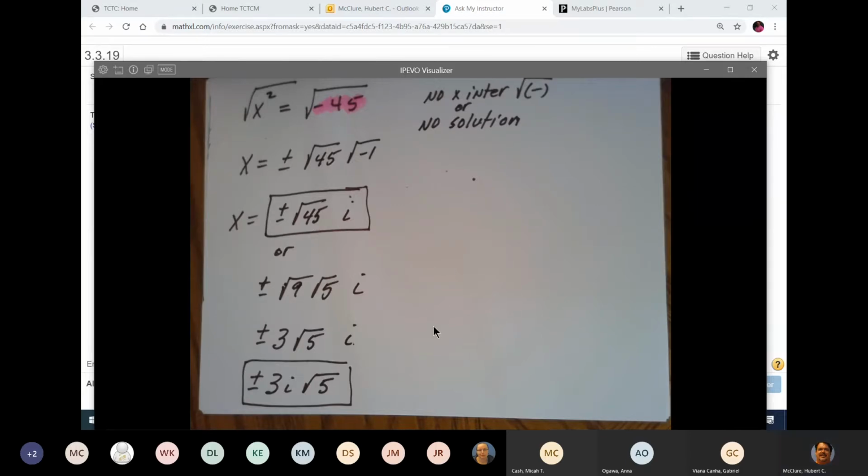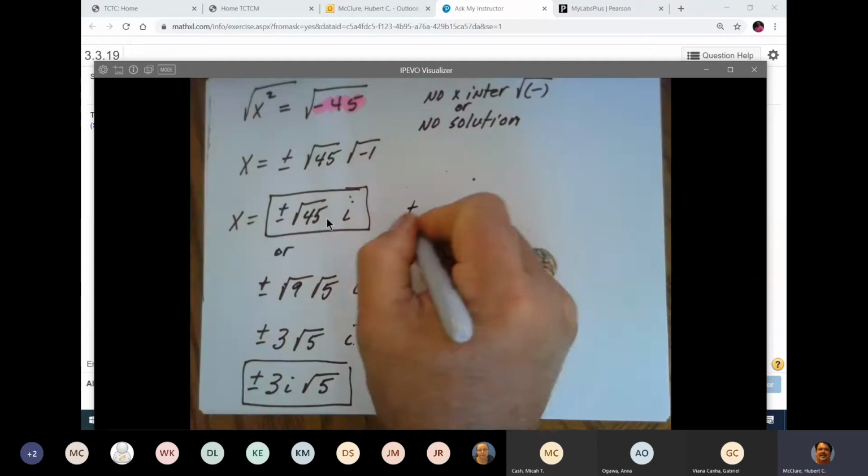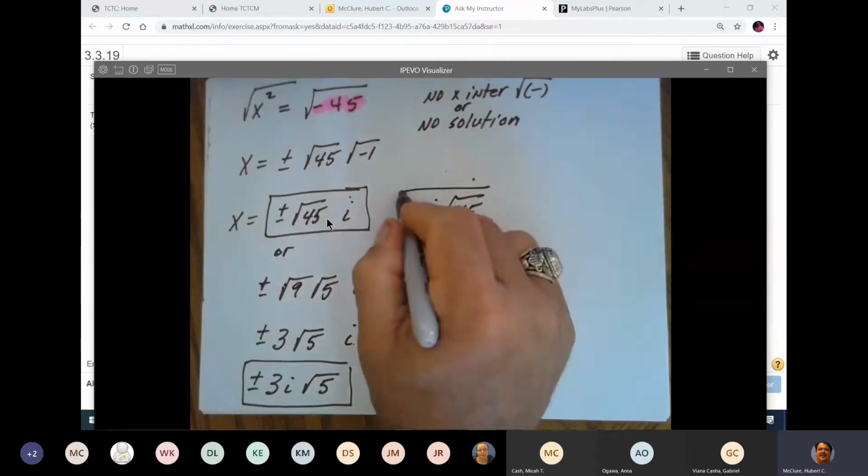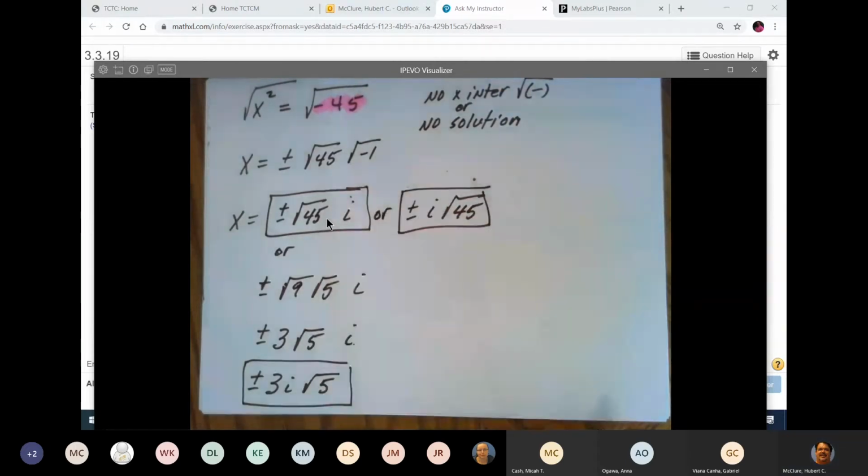And like I said, some tests will take that and they'll say positive or negative I times square root of 45. Okay? So you got it right, you just didn't break it down all the way. No big deal. But that is a test question.